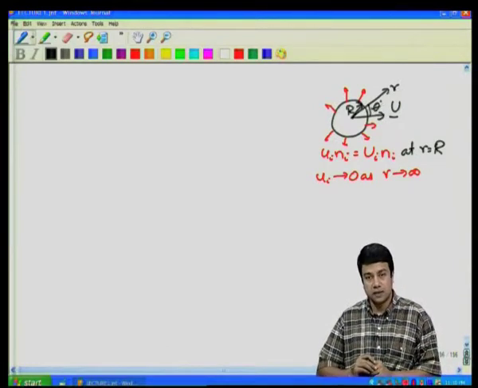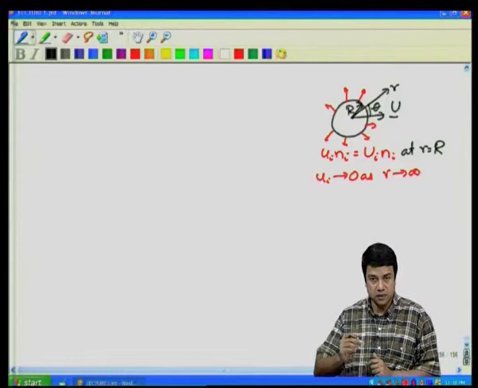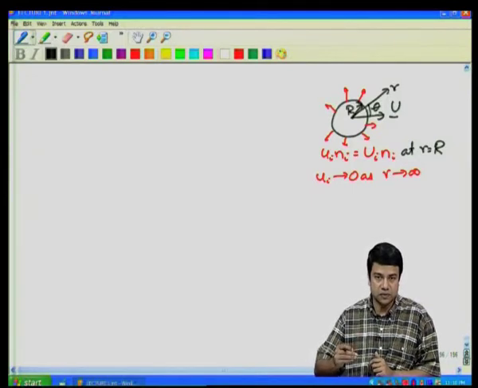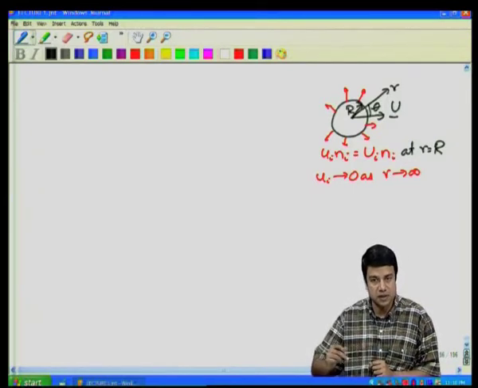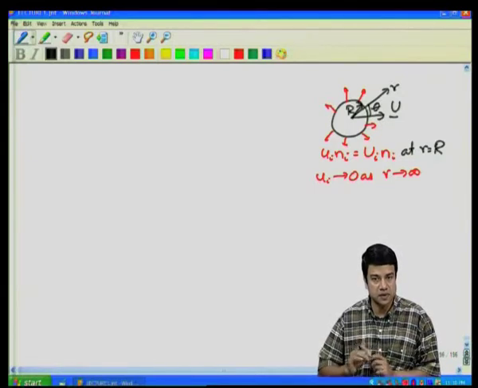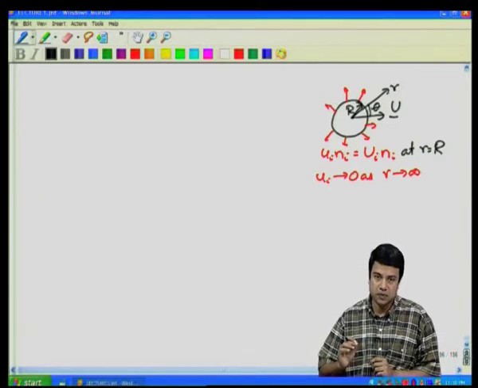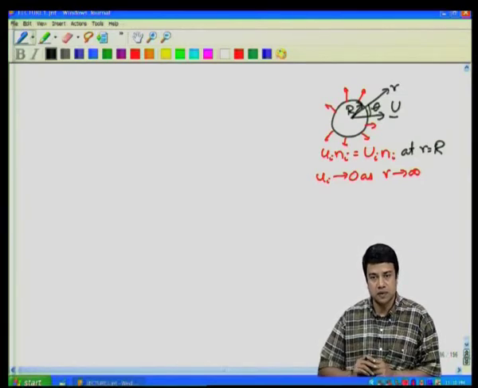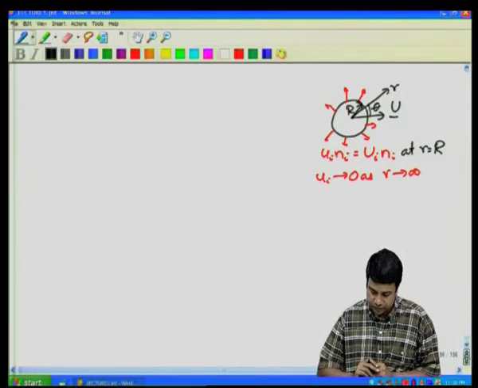The configuration is axisymmetric. As you go around this axis, which is parallel to U, I use the velocity direction itself as the axis for my coordinate system. That is the simplest thing to do. Once you have chosen that as the axis, there should be no variation as you go around that axis. So, therefore, there is no dependence upon the phi coordinate. So, it becomes an axisymmetric problem.